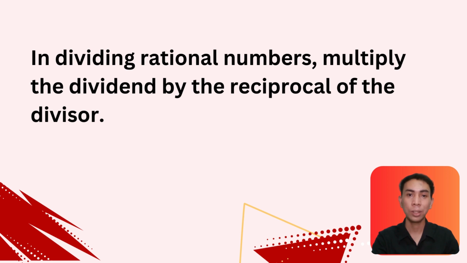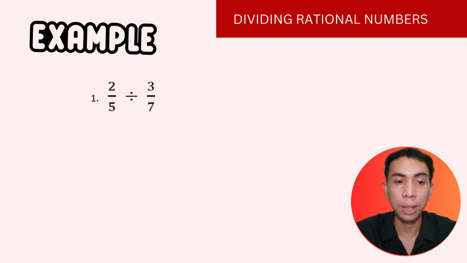In dividing rational numbers, first we must multiply the dividend by the reciprocal of the divisor. Now let's take a look at the examples. Example number 1, we have 2 over 5 divided by 3 over 7. So 2 over 5 will remain the same, and multiplying it by the reciprocal of 3 over 7, we have 7 over 3.